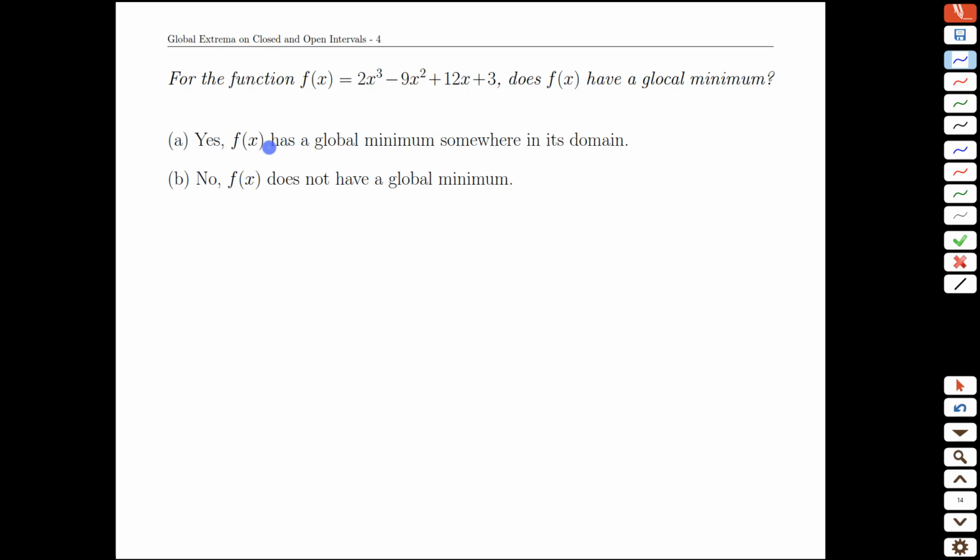All right, I think based on the last example, hopefully you answered this quickly to no. Because again, we had that sketch. The important side this time is that when the function keeps going down and down and down, there's no single lowest point. Or we could make the statement that as x gets larger but negative, as x approaches negative infinity, the 2x cubed term again is going to be the most dominant term.